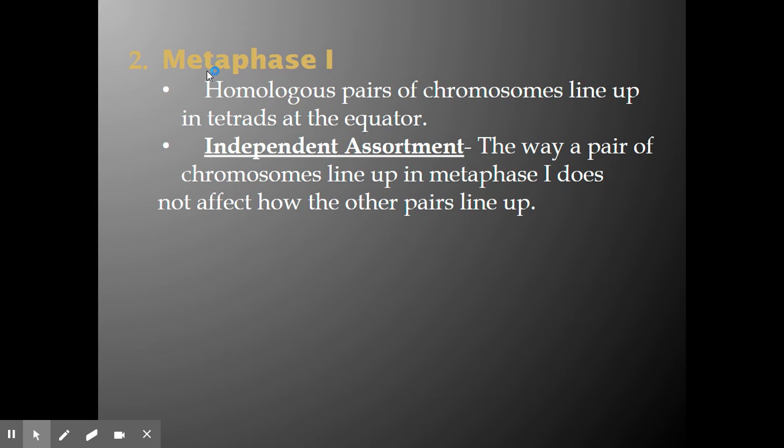Okay, then we have metaphase 1, which is where our homologous pairs of chromosomes line up in a tetrad at the equator of the cell. We have something called independent assortment happening. This is where the way the pairs of chromosomes line up in metaphase 1 does not affect how the other pairs line up.